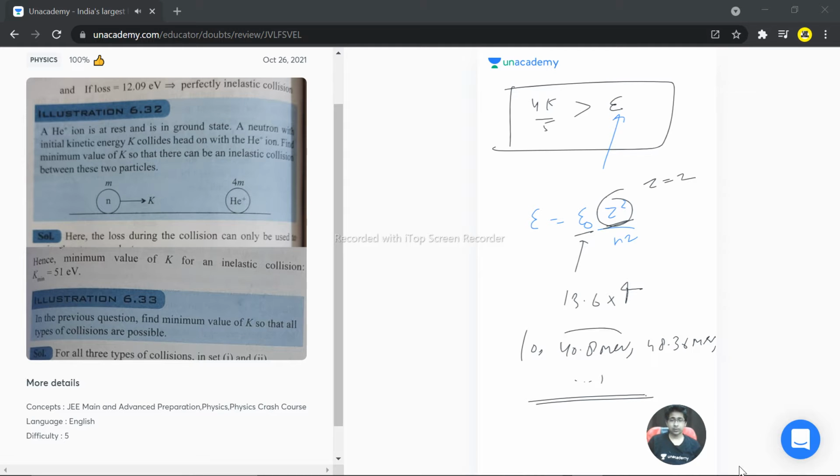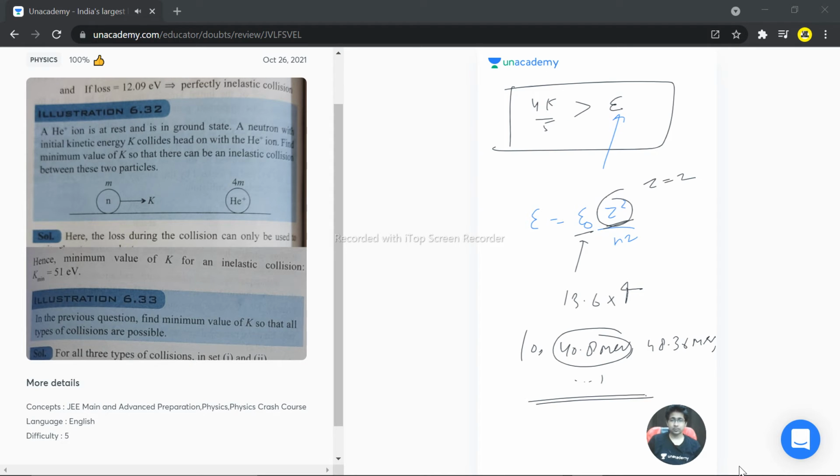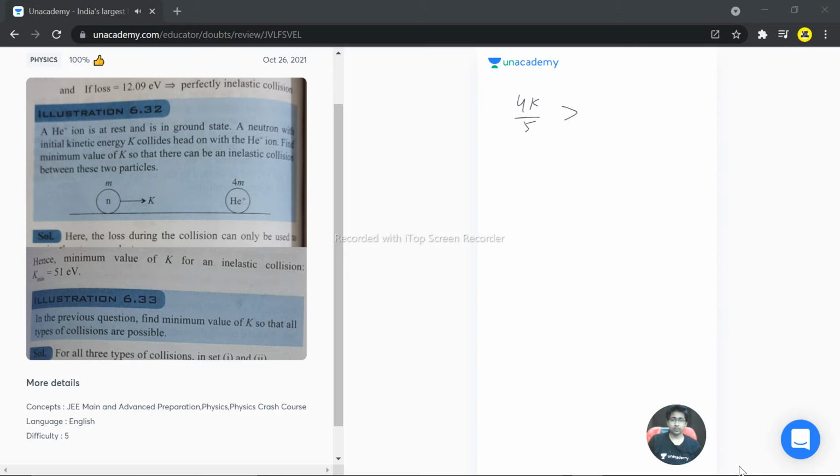So we take 40.8 into consideration. So 4K by 5 is greater than 40.8 MeV. So K minimum will be 51 MeV. That will be the solution for the given question. Hope this answered your question. Thank you very much.